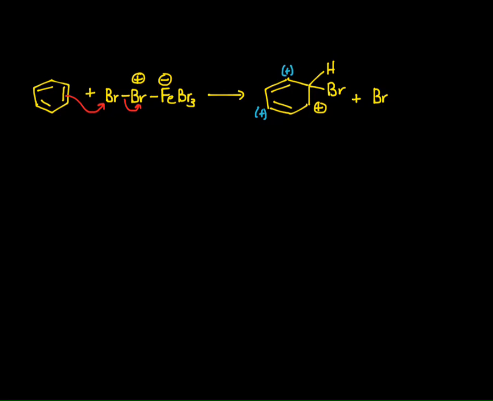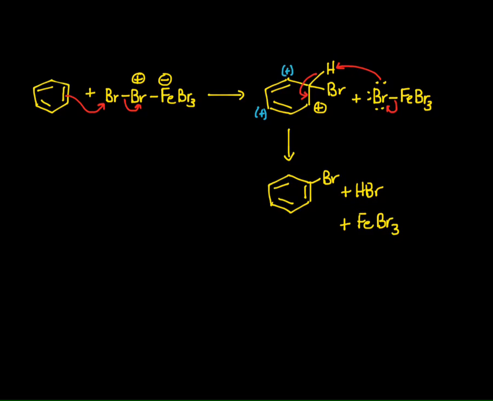You also generate FeBr4 minus. And so what happens now is that iron-bromine bond breaks. You're essentially releasing free bromide ions, and those bromide ions can then remove that proton, so they're acting as a base. The electrons from that carbon-hydrogen bond then go into the ring, just like we've seen previously, and it yields bromobenzene, right? We also generate HBr, and we're regenerating that ferric bromide as a catalyst.